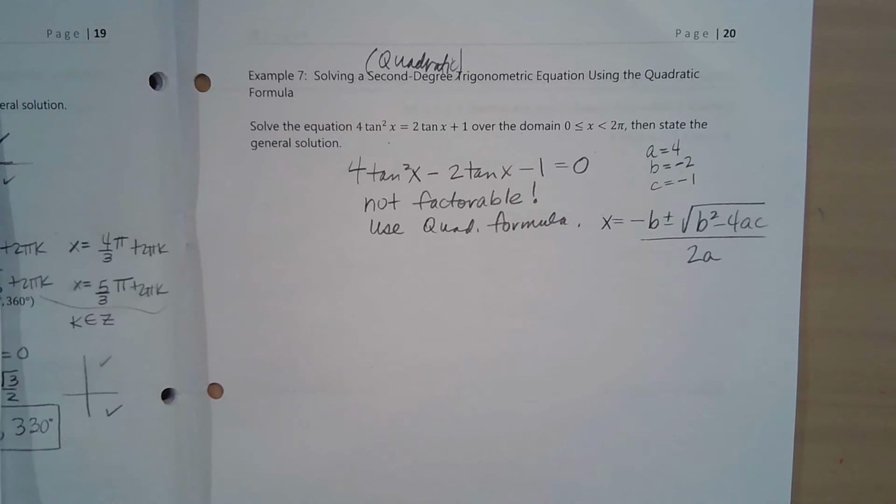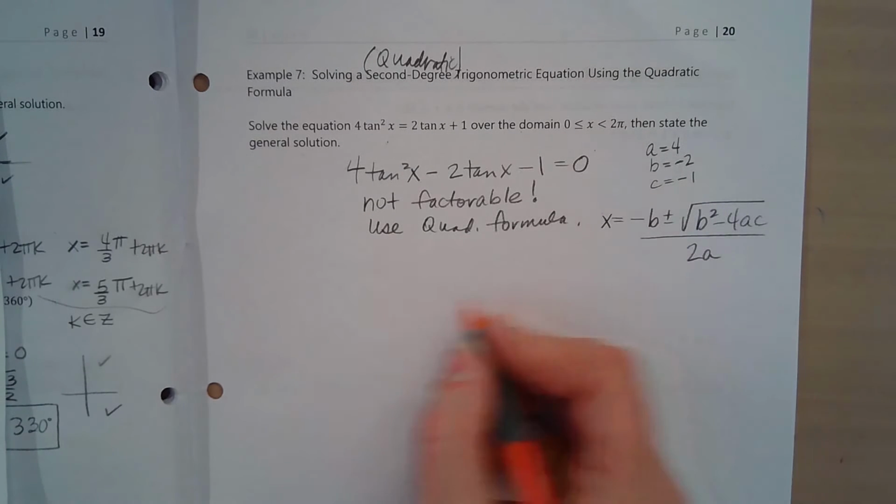Now, normally you're solving for x. The only thing that changes is just like our previous equations. You know how we had sine of x equals a half? We're not initially solving for x, we're solving for tan of x.